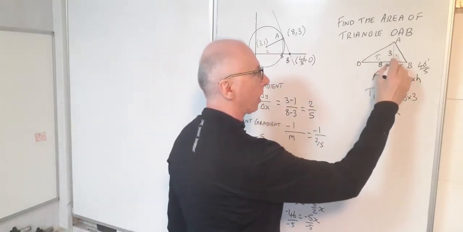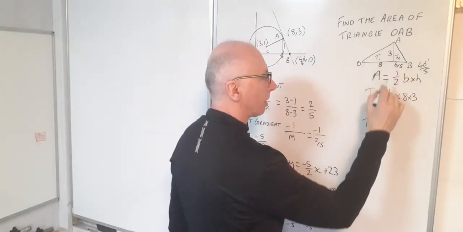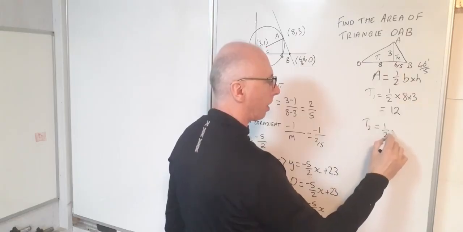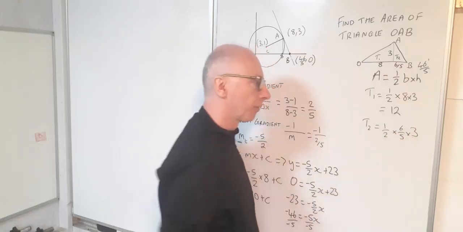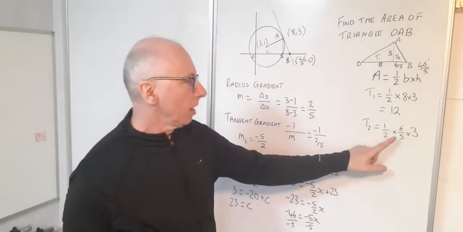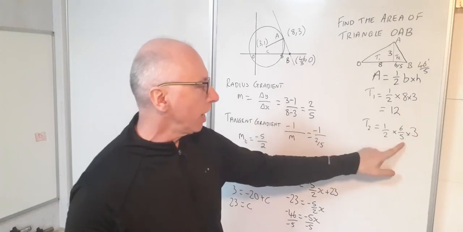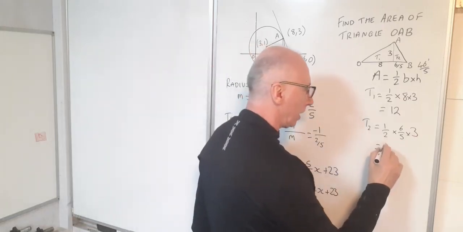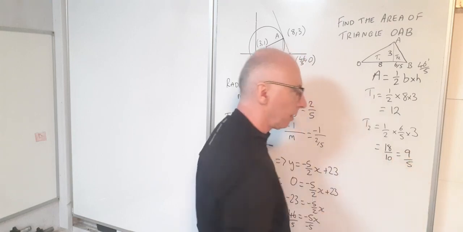So triangle 2 is half times base times height: half times 6 over 5 times 3. 6 threes are 18 and 5 twos are 10, so that gives me 18 over 10, which is 9 over 5.